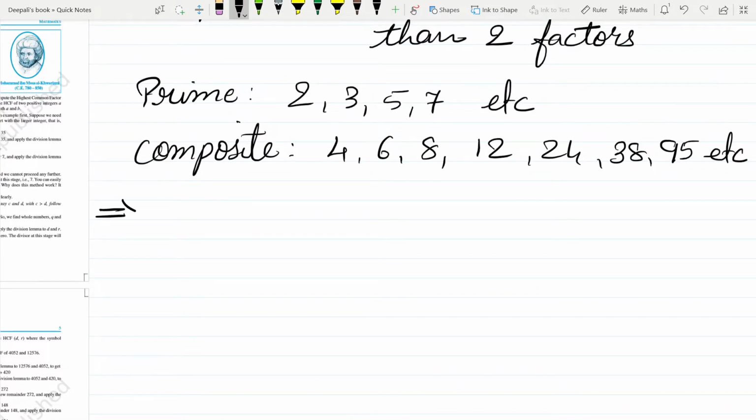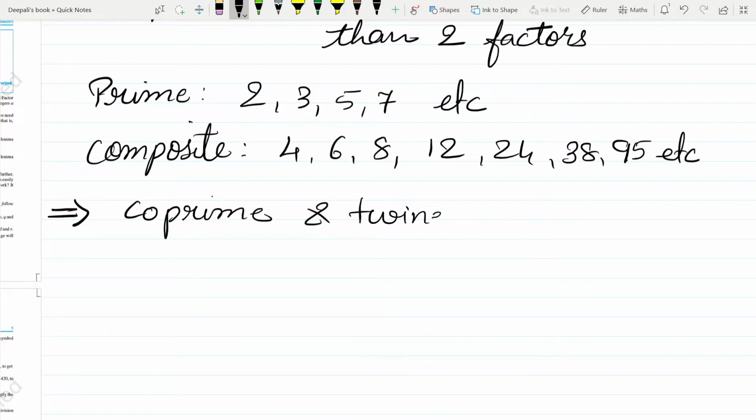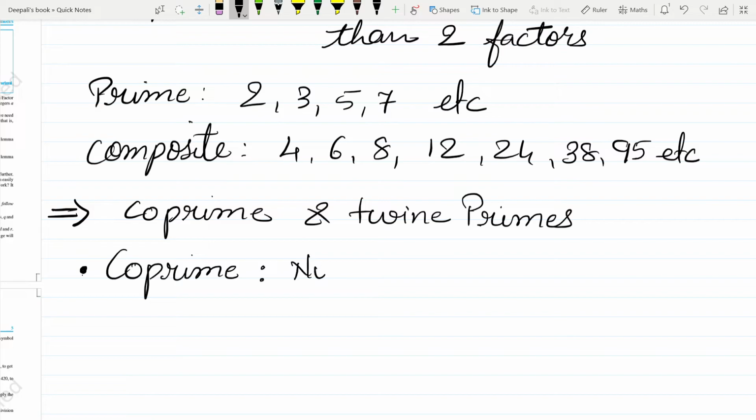One more classification is coprimes and twin primes. The coprimes are numbers which have only one as a common factor between them.